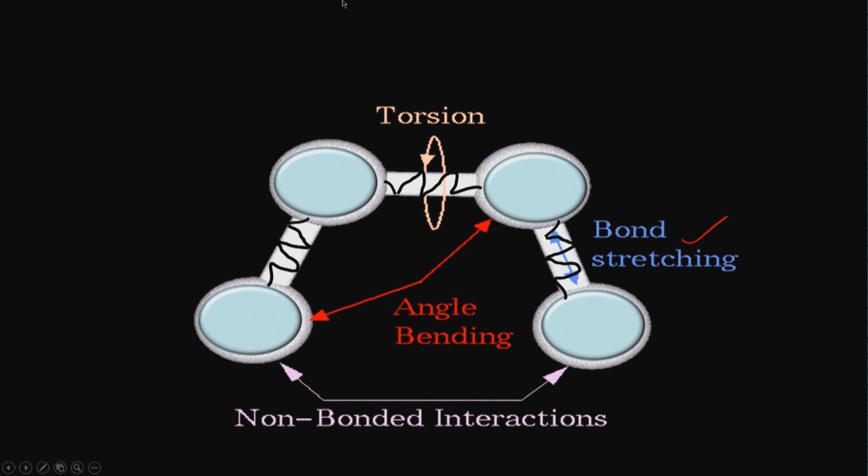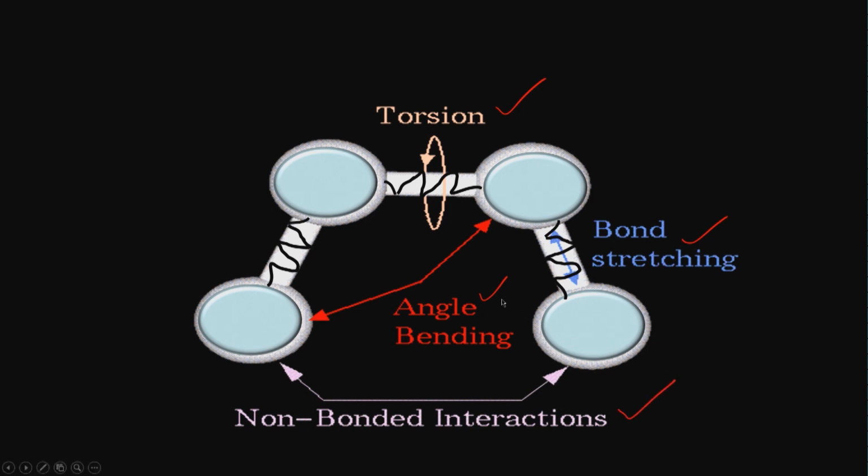Then we have the angle bending. Suppose you have 3 atoms, then the 2 bonds can bend inwards or outwards. The third is the torsion energy. This is like a twist in the 3rd dimension. The 4th one is called the non-bonded interactions.